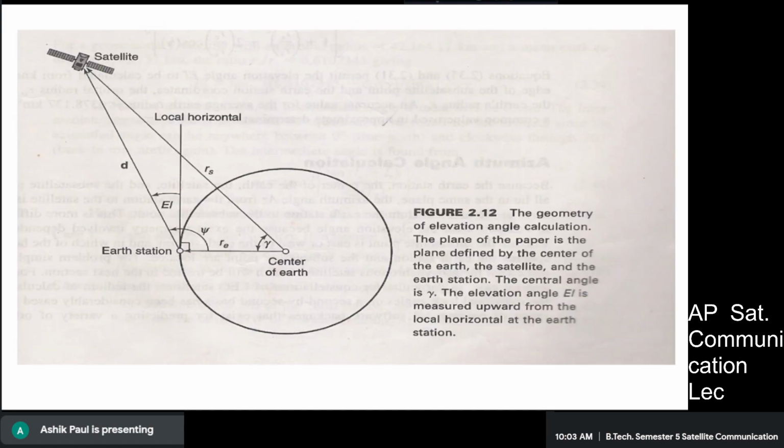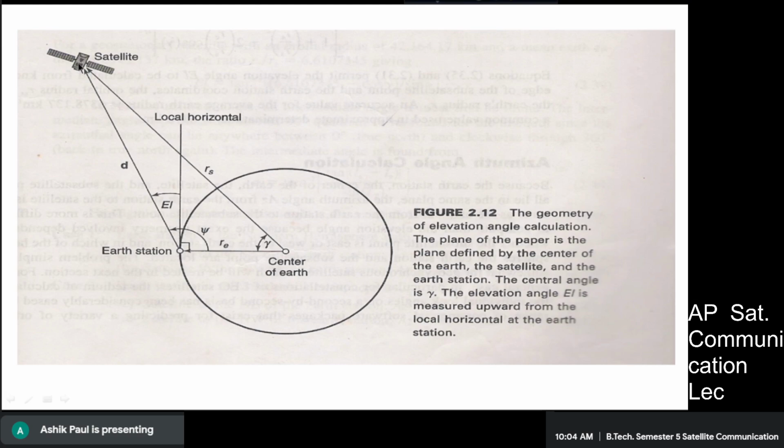So moving ahead, let us now try to understand how we can actually calculate the elevation and then the azimuth of a particular satellite. So suppose this is the geometry that we are following. From the center of the Earth, this is your Earth station.